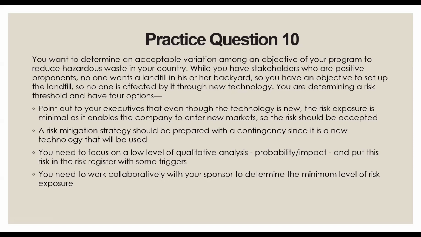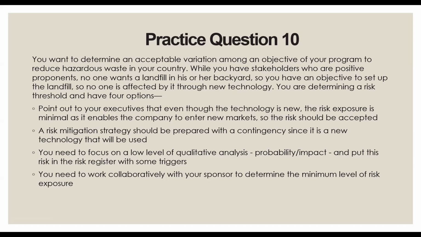I think it's a B. Answer is B. I think D. Because the task alpha is straight away rejected, right? Determine an acceptable variation of the objective. Acceptable variance. Now see, you are determining a risk threshold. Yes, it's a D.